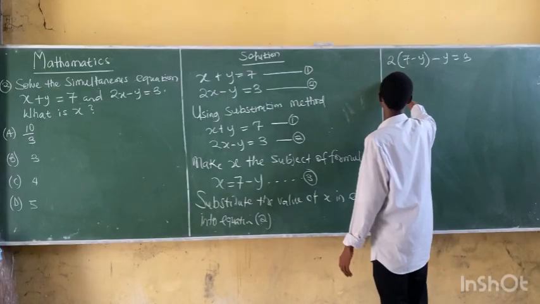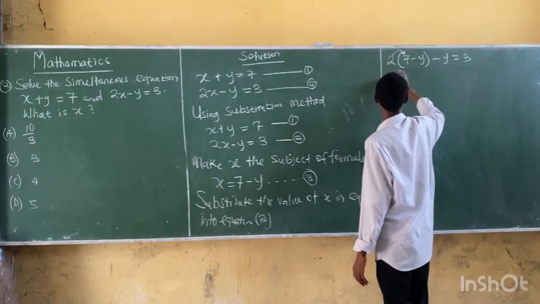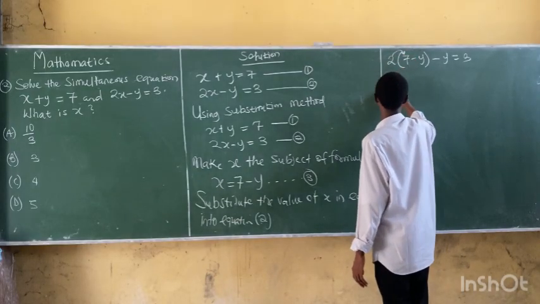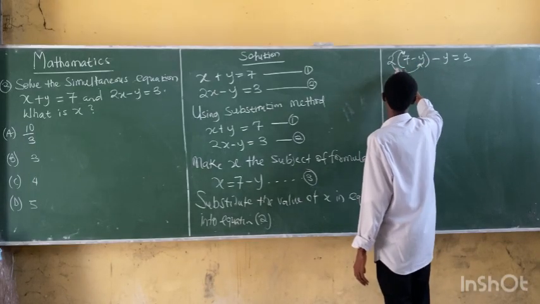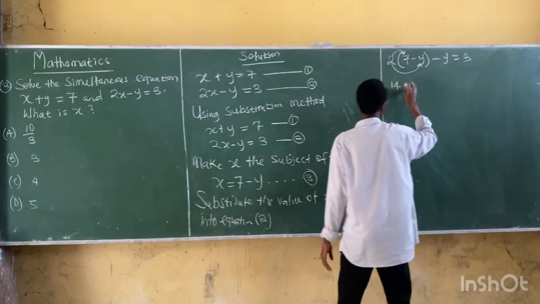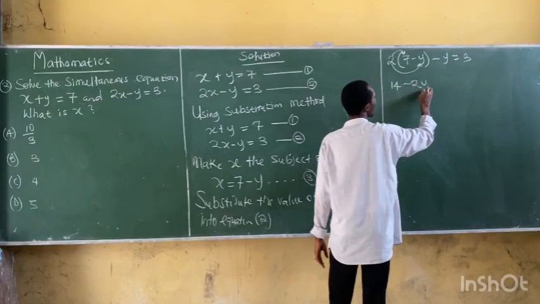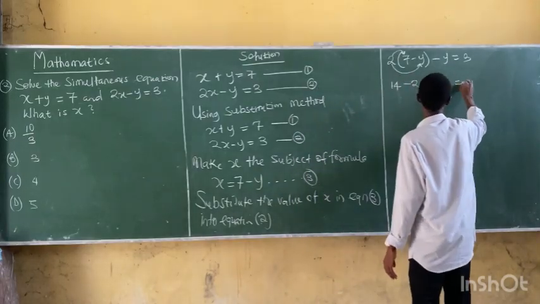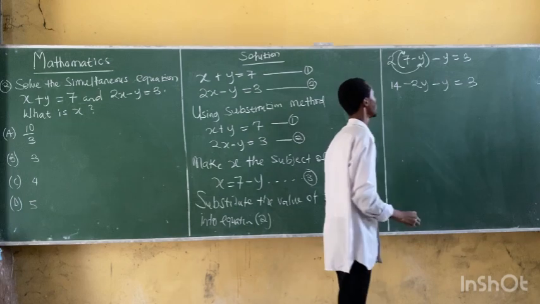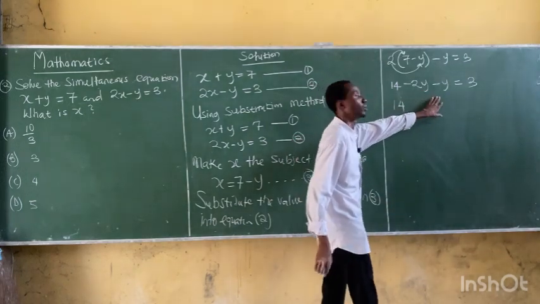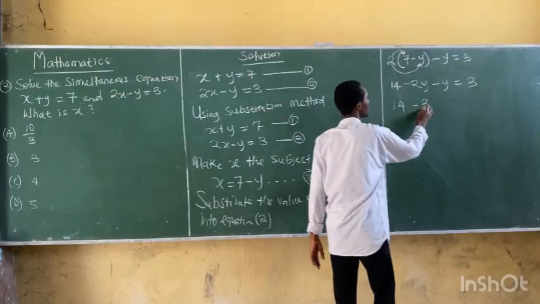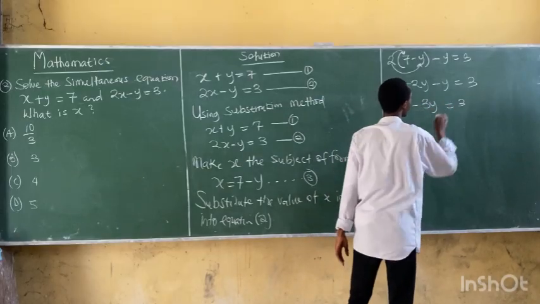If we expand this bracket, we have 2 multiply 7. 2 times 7, we have 14. And 2 will multiply negative y. If 2 multiplies negative y, we have minus 2y minus y is equal to 3. Here we have 14 minus 2y minus y will give us minus 3y is equal to 3.